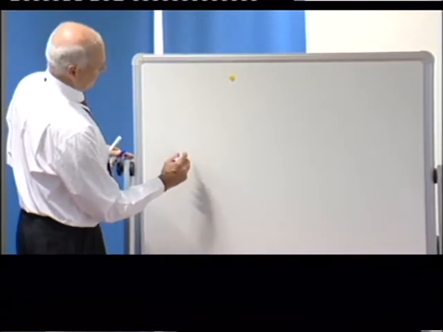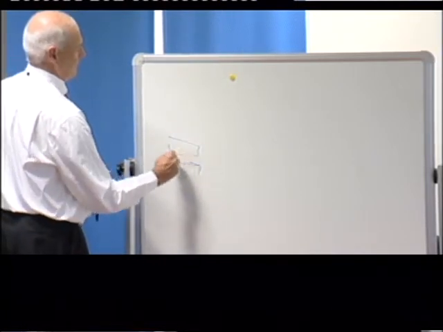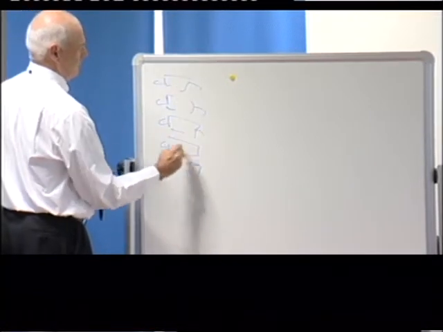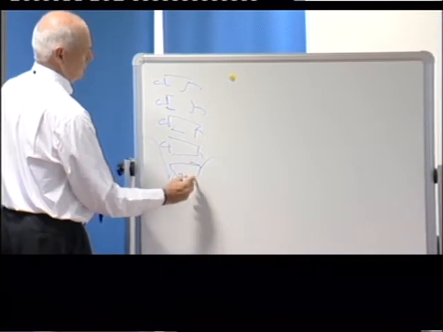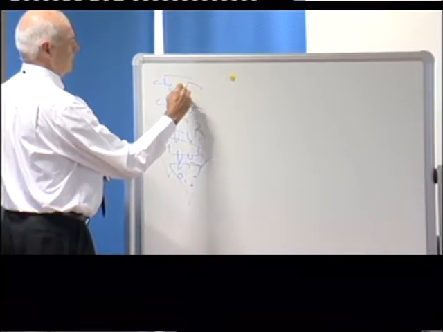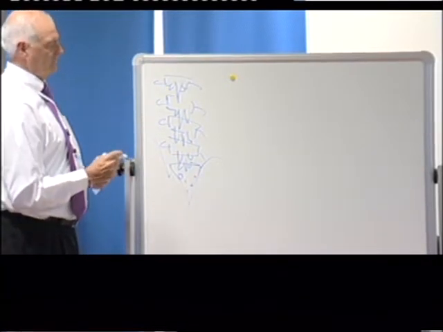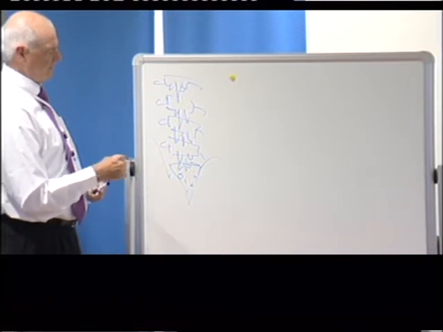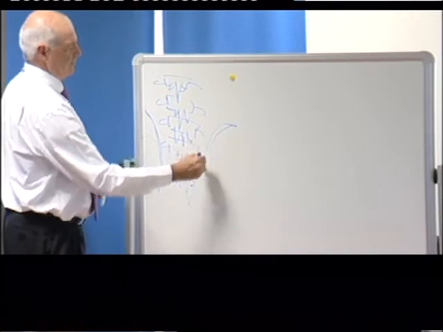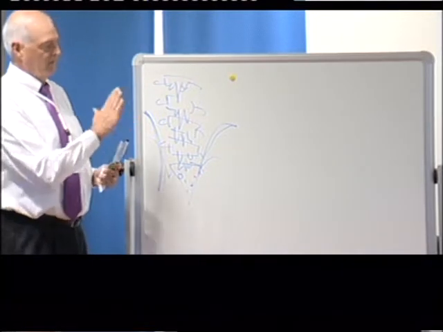So what we'll have is the sacrum and the ilium. These are going to be much bigger. Okay. So what we want to do is look at the spine in long axis.